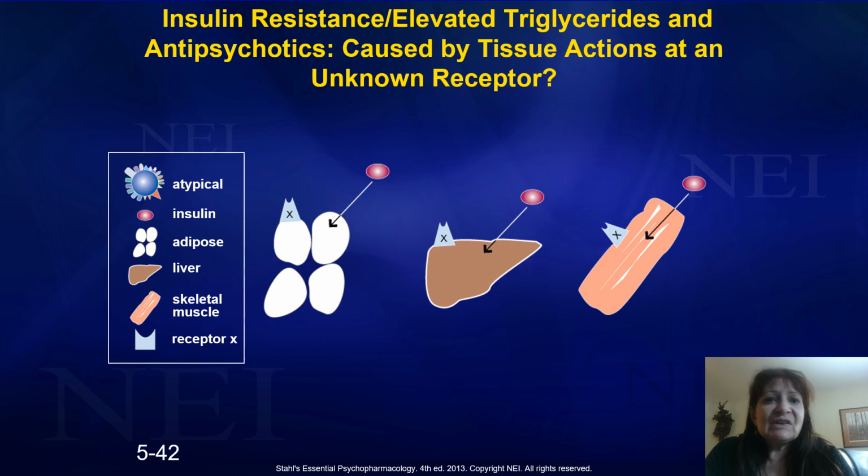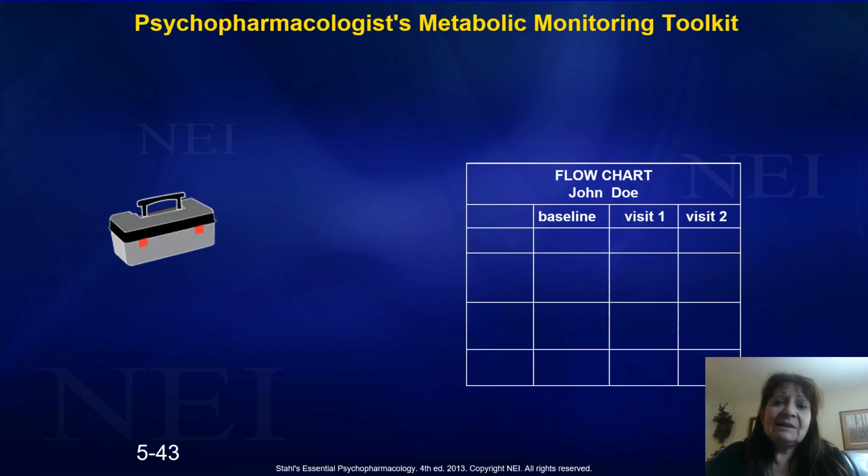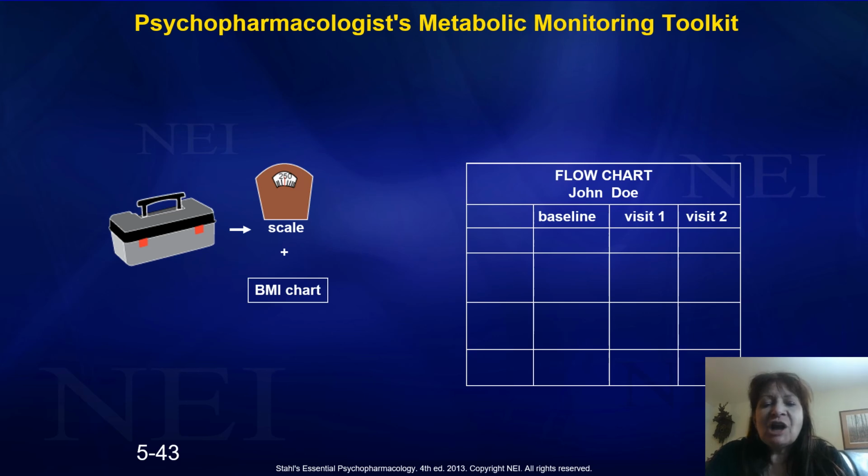It is hypothesized that the metabolic syndrome may be related to insulin resistance and perhaps tissue actions at an unknown receptor. We need to monitor. Here's a nice little flow chart. Some EHRs will do this for you.